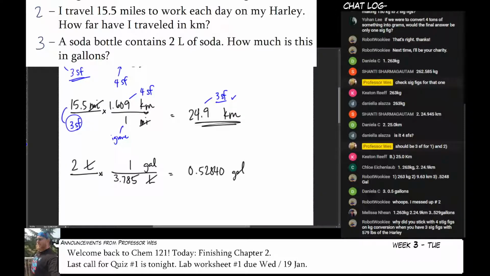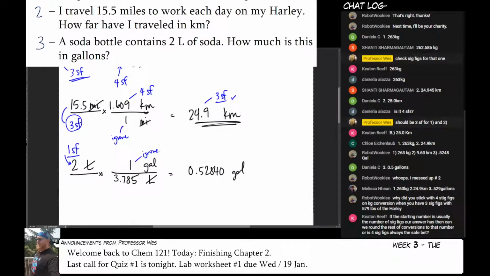gallons. And for this one, since there's a question about sig figs, we're going to do the sig figs together here. How many sig figs are in this first number? It's just 1 digit, right? We ignore ones by themselves. And then this has 4 sig figs.